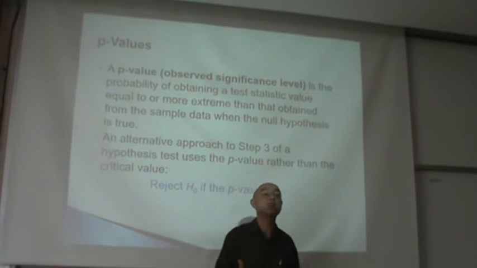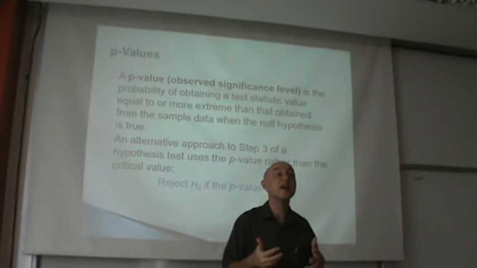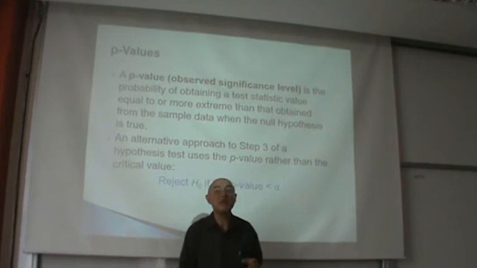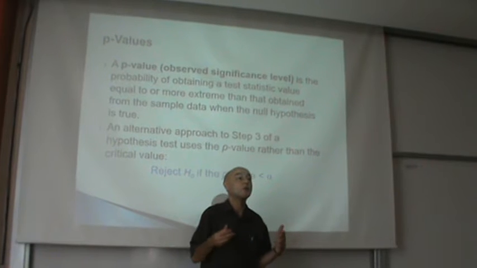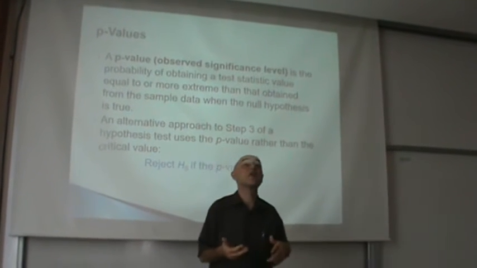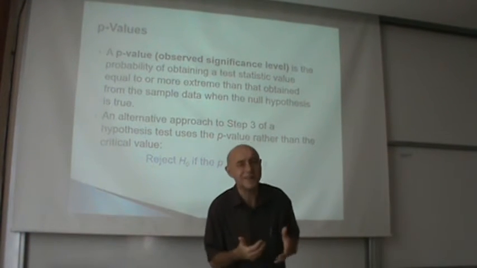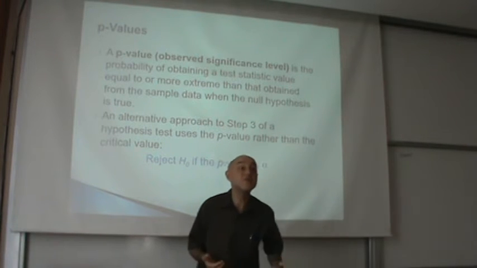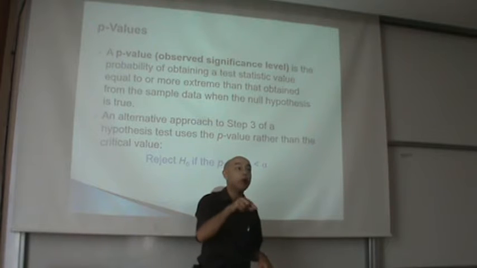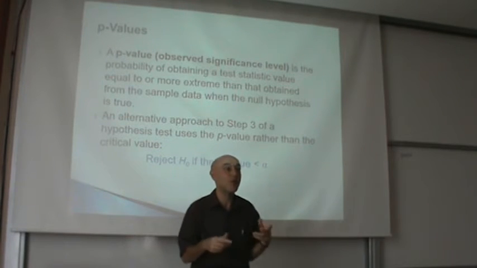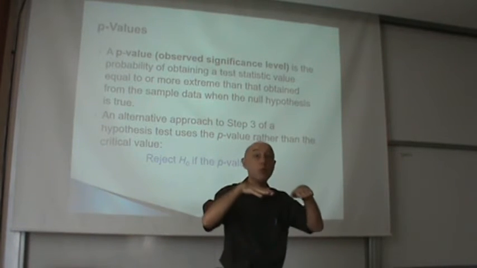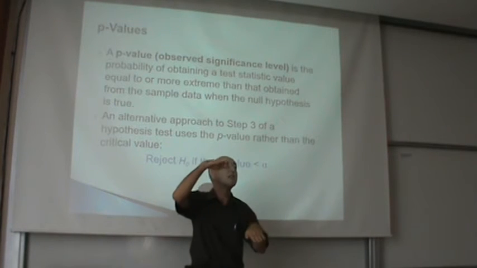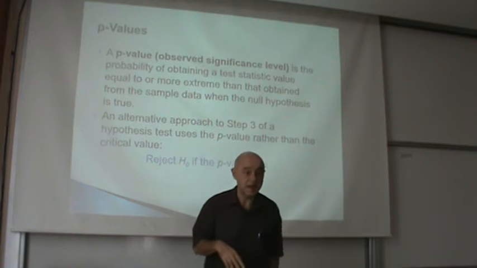The p-value tells you the probability of making a mistake, okay? So if the p-value is 10 or 15%, that's a very high mistake. You basically cannot reject the null hypothesis. A p-value of, let's say, 0.001, meaning 0.1%, is almost sure, like 99.9% sure, that the difference is significant.